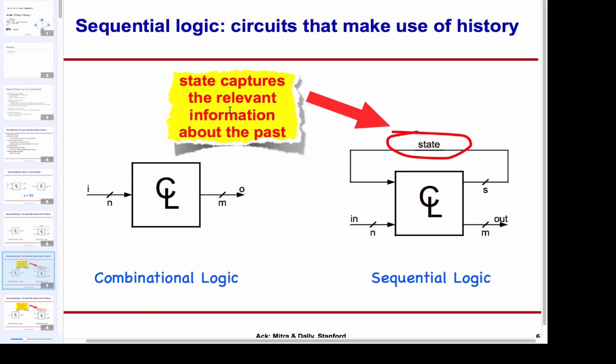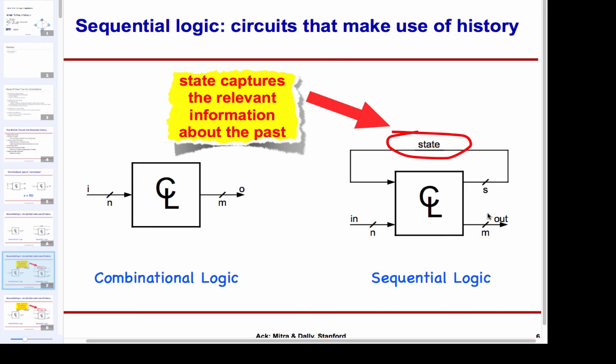We don't want to remember everything about the past, because that would mean keeping a record of every input seen, what time they were seen at, and what sequence they were seen at. We don't want to do that, but rather we want to store just the relevant facts about the history that are important for us to compute the output.